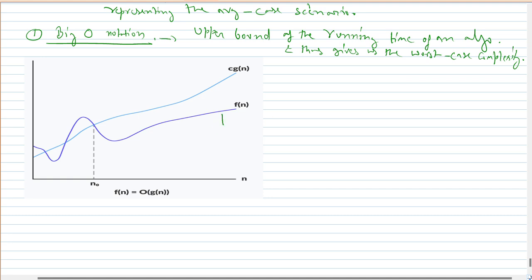Now suppose we have a function f(n) and a function g(n). We use the expression f(n) less than or equal to c dot g(n).